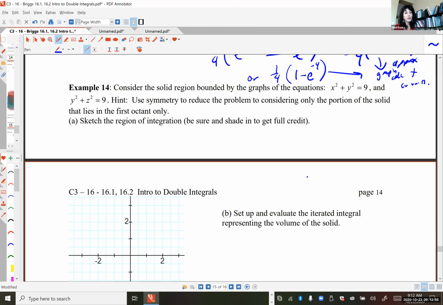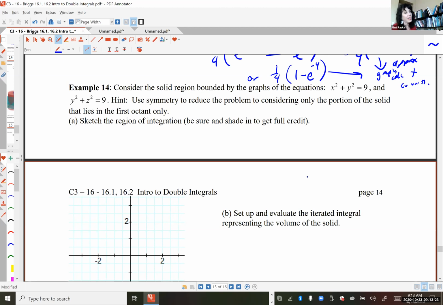But what we're going to do is focus on the solid that's bleeding over into all the octants. It's got so much symmetry that if we just focus our eyeballs on just the first octant portion of this really wacky solid, we'll figure out that volume and then multiply that result by 8, because the solid has the same volume in all the other 7 octants.